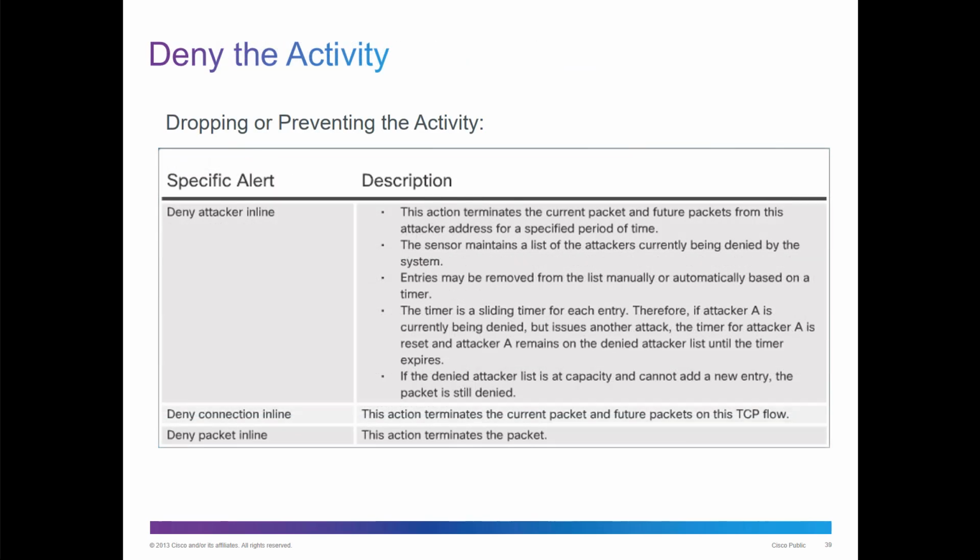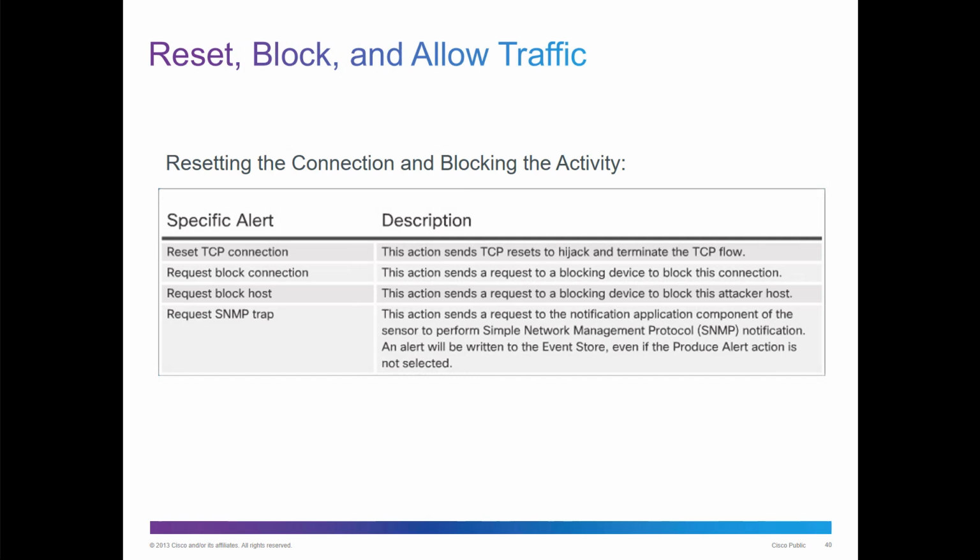Denying the traffic could deny the attacker inline, maybe deny the connection inline, or deny the entire packet inline. We have options to choose from. Resetting the connection could be as simple as resetting a TCP connection, maybe blocking the connection, blocking the host, or blocking the trap. It depends on what we're trying to accomplish.